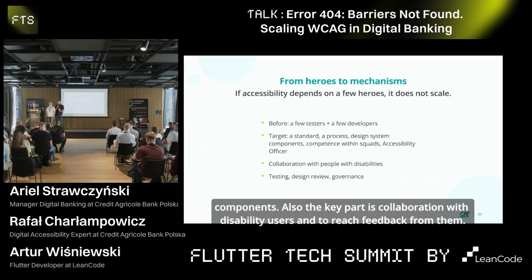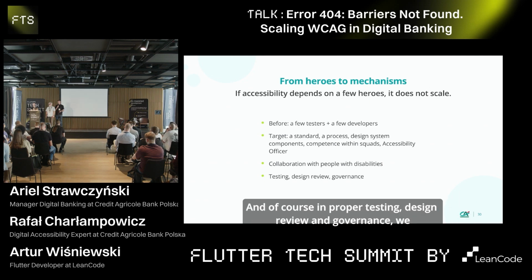Also, the key part is collaboration with users with disabilities and gathering feedback from them. And of course, through proper testing, design review, and governance, we want to implement accessibility into our development process.